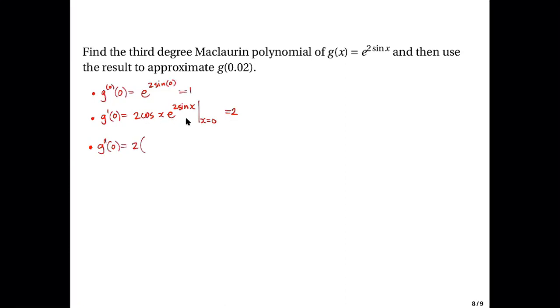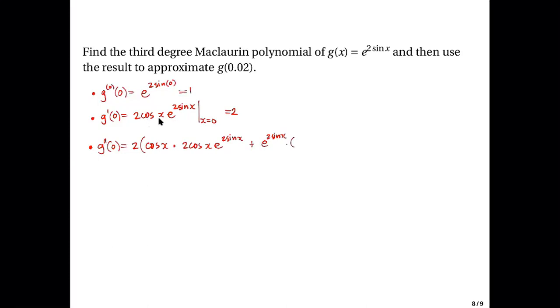So 2 times left, cosine x, times derivative of right, 2 cosine x e to the 2 sine x. So that's left times derivative of right, plus right, e to the 2 sine x, times derivative of left.